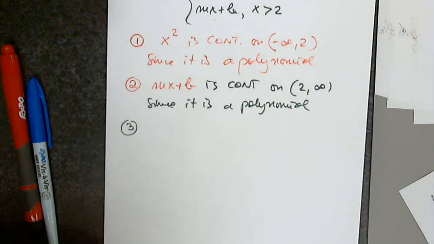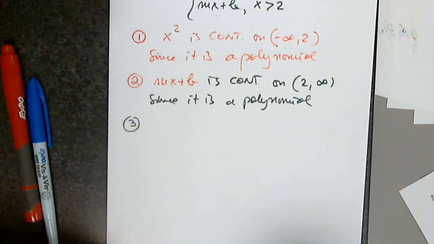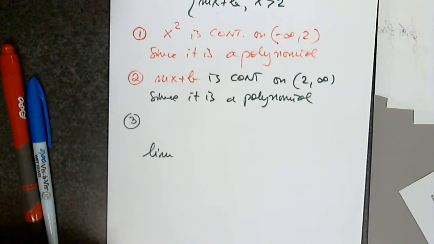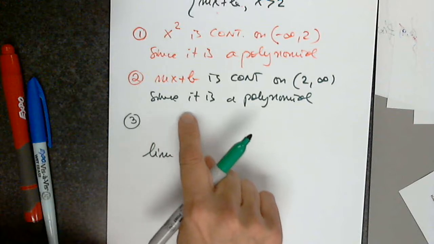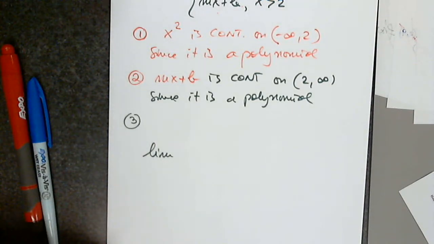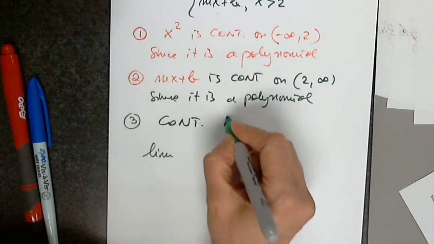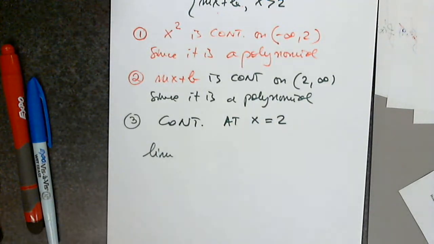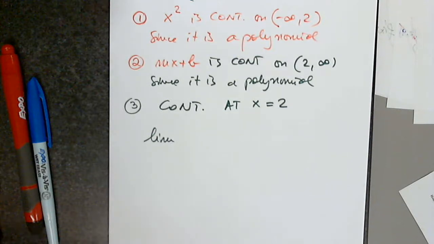What is my title now for number 3? What do I have to put in writing before I start with the limit? Exactly. Continuity at x equals 2. Now I'm ready. Continuity at a point. Please dictate.